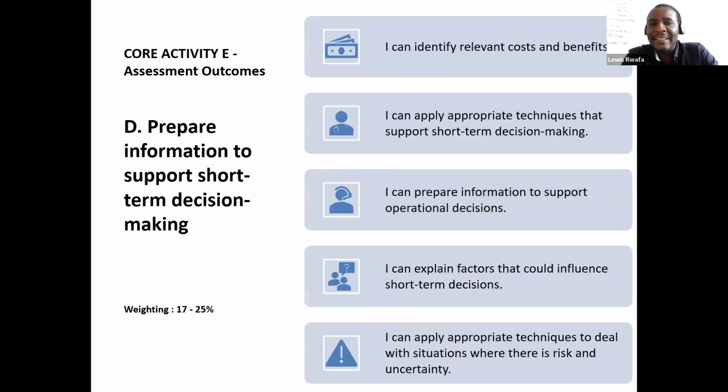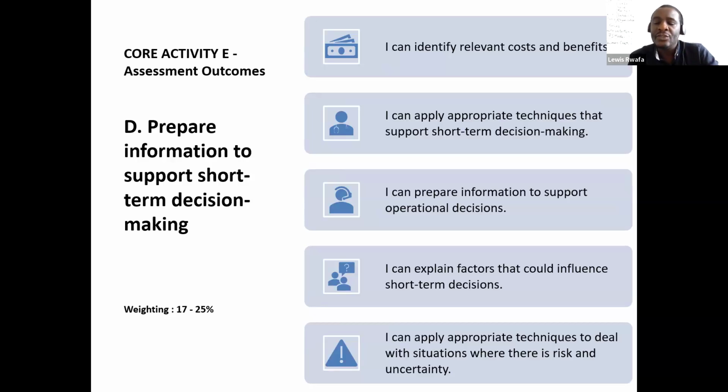Okay, core activity D, again, short-term decision making. The factors that influence short-term decision making, dealing with situations of risk and uncertainty, maximax, minimax, and all those things.